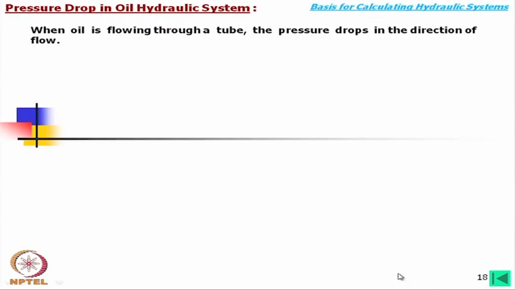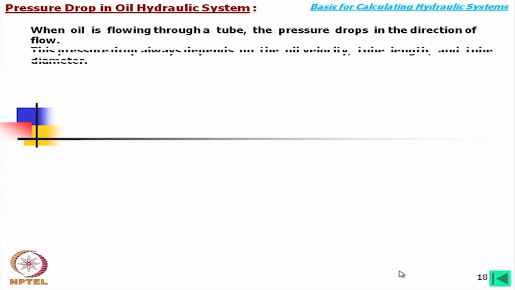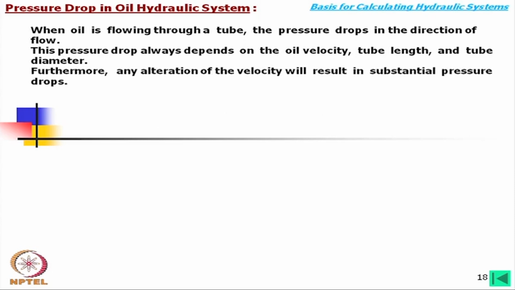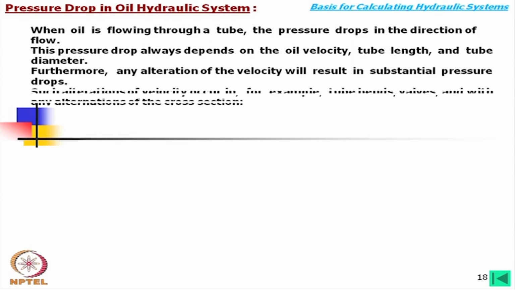Now, when oil is flowing through a tube, the pressure drop in the direction of flow is to be calculated. This pressure drop always depends on the oil velocity, tube length and tube diameter. Furthermore, any alteration of the velocity will result in substantial pressure drop.